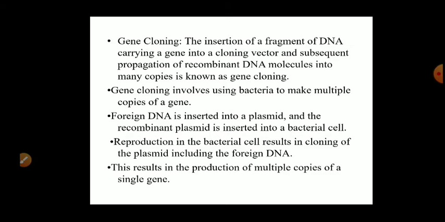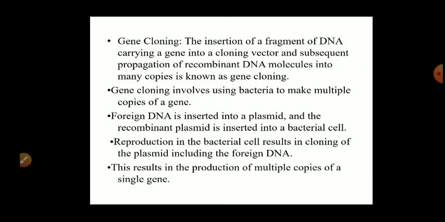Gene cloning is the process of insertion of a DNA fragment carrying the desired gene into the cloning vector and subsequent propagation of the recombinant DNA molecule in a cloning organism to produce multiple copies of the foreign DNA.